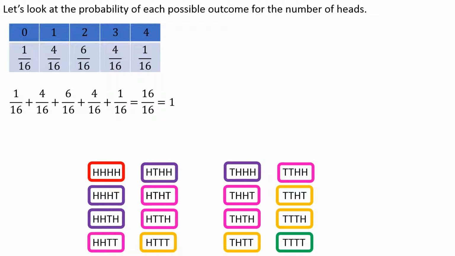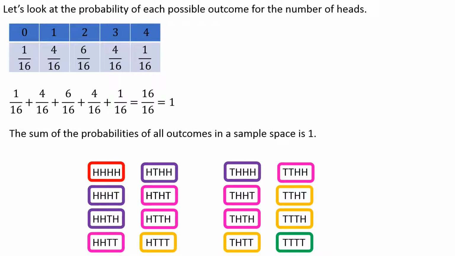Far easier than it would be if these were decimals or percents. 1 over 16 does not make a very friendly decimal. Don't plan on adding that kind of stuff up in your head. But as a fraction, you say, hey, I've just got 1 and 4 and 6 and 4 and 1. You can add that up pretty quick. Right? The sum of the probabilities of all outcomes in the sample space has to be 1. Right? Because the event has to happen.